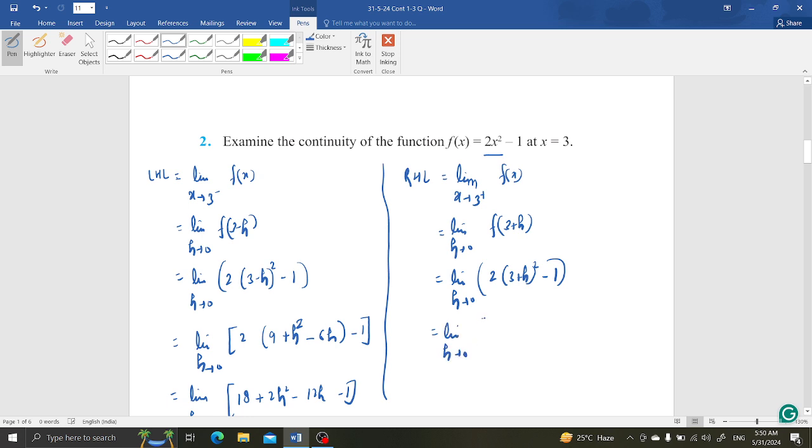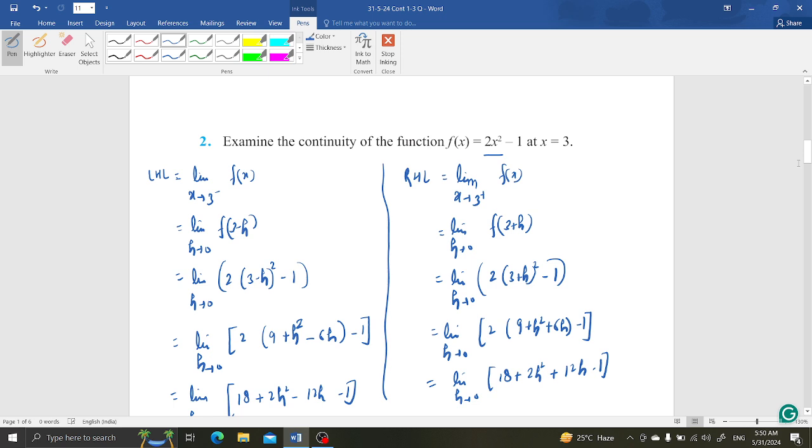Limit h tends to 0, 2 times (9 plus h square plus 6h) minus 1, and again limit h tends to 0, 18 plus 2h square plus 12h minus 1.